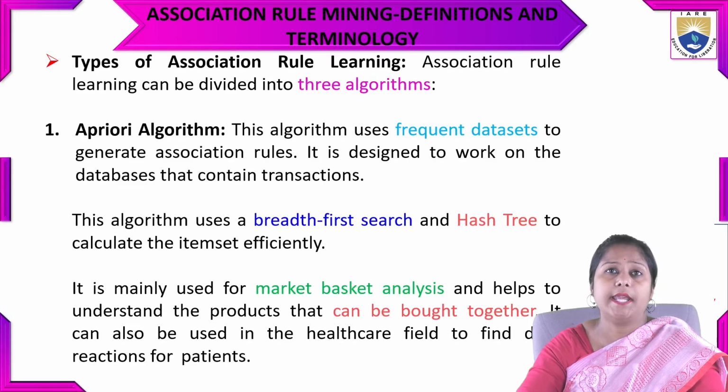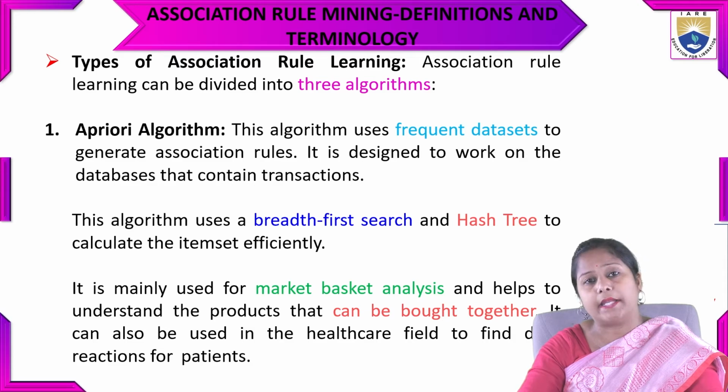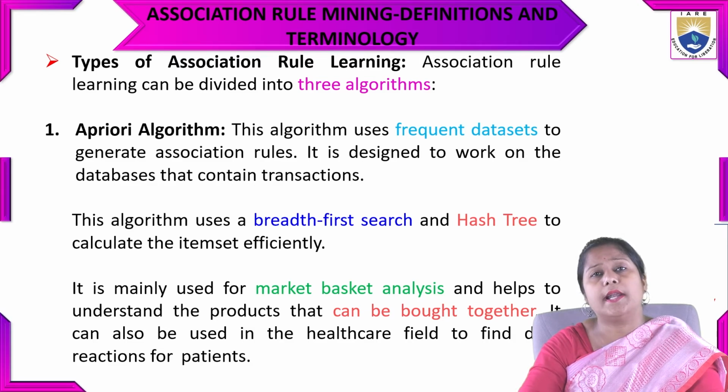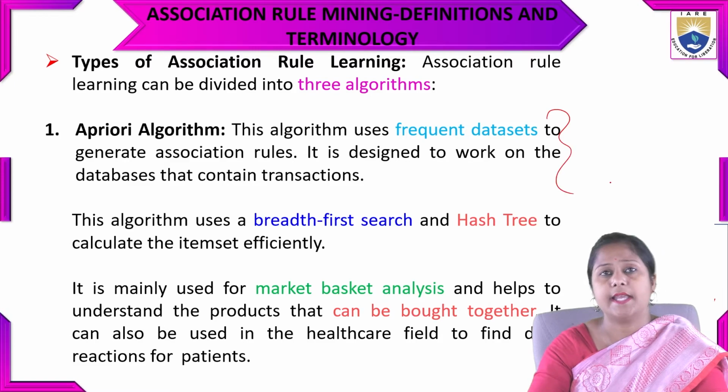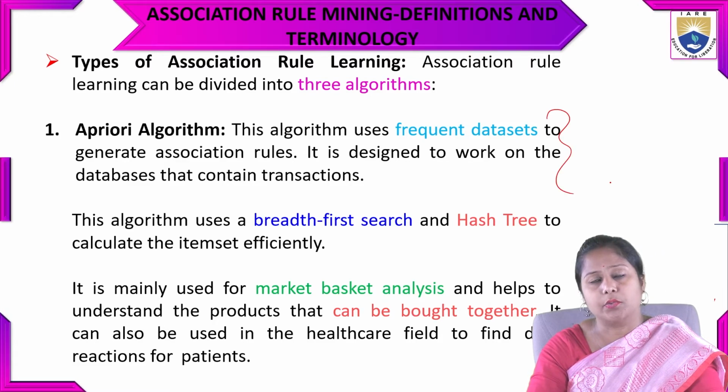Next, types of association rule mining. Association rule learning can be divided into three algorithms. The first is the Apriori algorithm. This algorithm uses frequent data sets to generate the association rules.